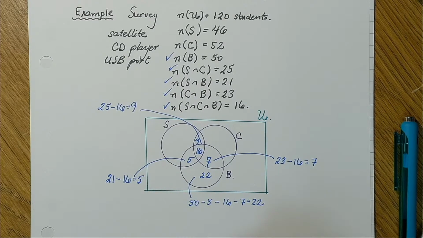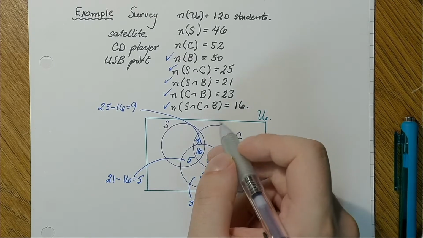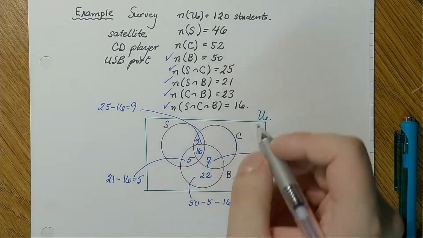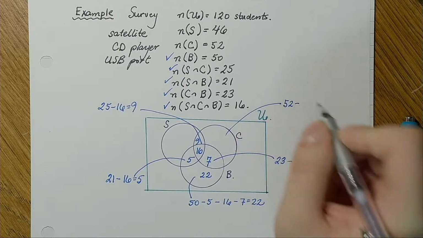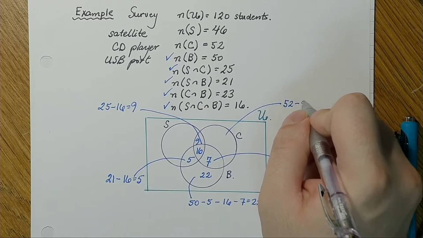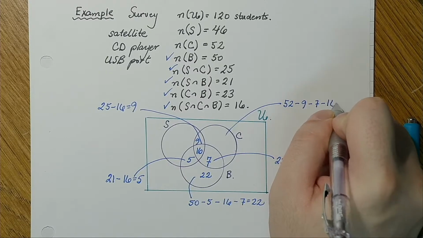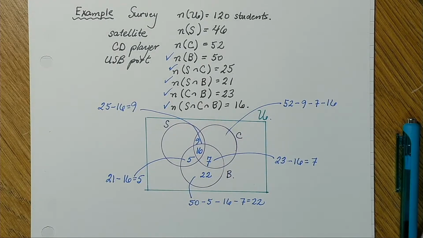So, okay. So we have 52. So over here you would have 52 minus 9 minus 7 minus 16. So the 52 minus 9 is 43, minus 7, 36, minus the 16 is 20.